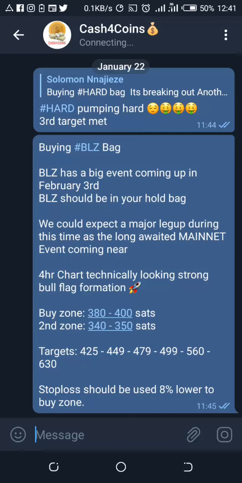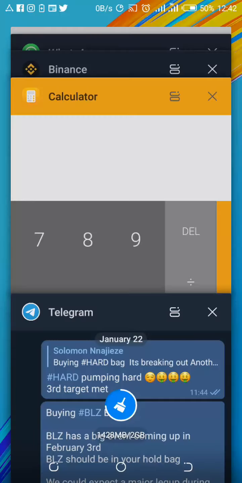So let's do a little mathematics in order to use a stop loss, so we can stop a loss if the price starts to go down, and also take a profit if the price starts to go up. So let us open a calculator.